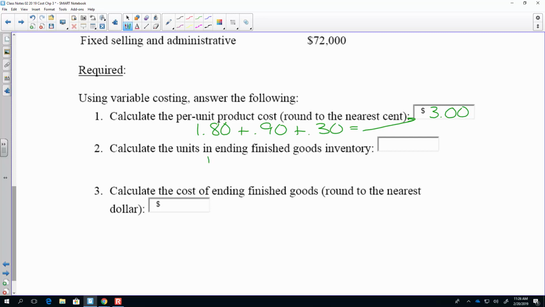Units in ending inventory, 4,900, times 3 is $14,700. Oh, I'm getting ahead of myself. This belongs down here.